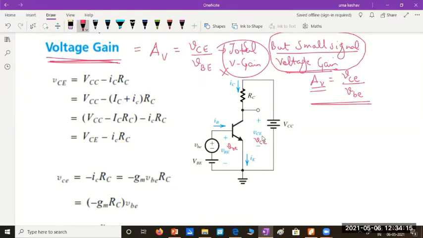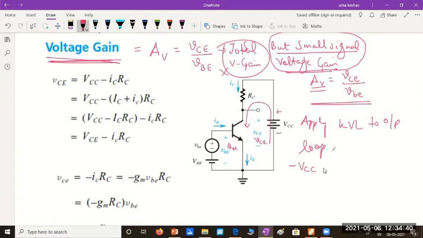So just like in the previous cases, let's start off. First you apply KVL to the output loop. If you apply KVL to the output loop, what would you get? Minus VCC, starting from this point, negative, positive.